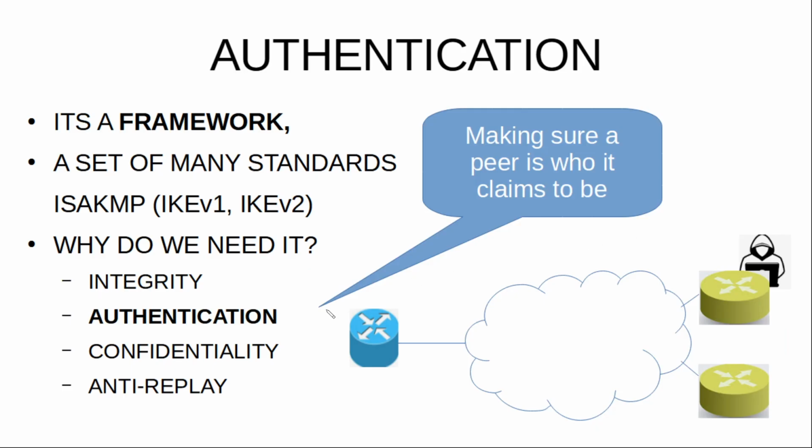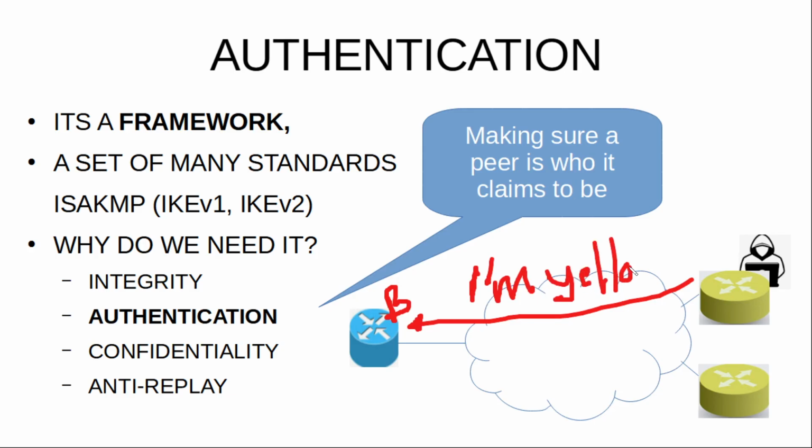Okay, let's talk about authentication. By authentication, we are going to make sure a peer is who it claims to be. So we can have, for instance, this blue router that receives a request to establish communication with a remote peer that claims to be, in this case, the yellow router. So we need a way to make sure that the remote peer is who it claims to be.